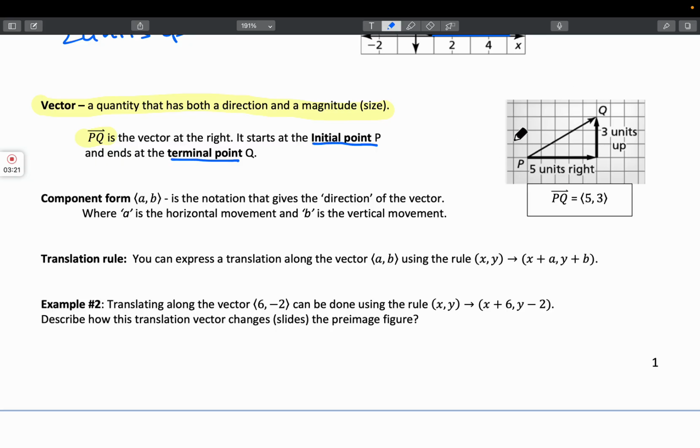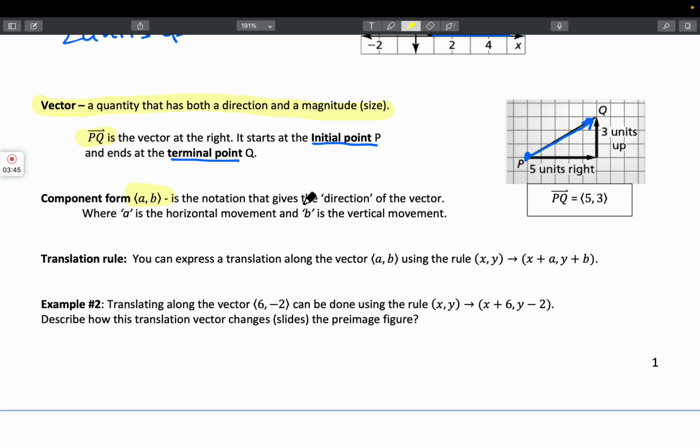So notice over here on the right, here is vector PQ, and it begins at P and it ends at Q, the terminal point. Well, to write a vector in component form, this component form has these sharp brackets with two numbers listed inside those sharp brackets, separated by a comma.